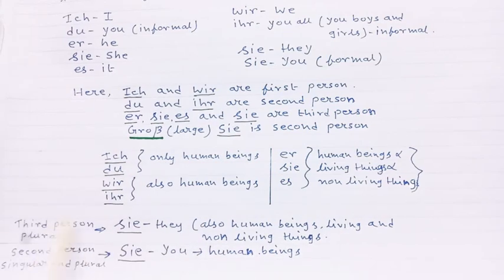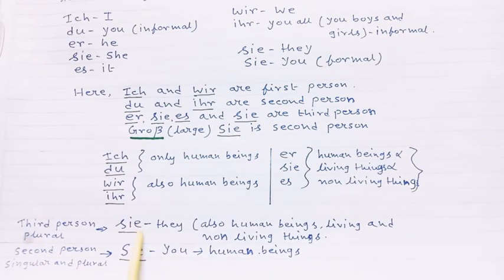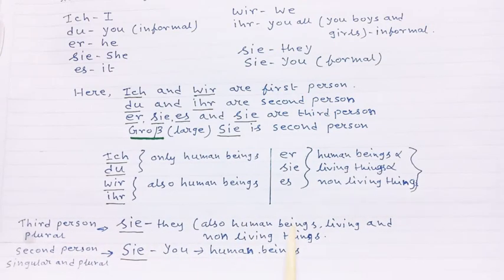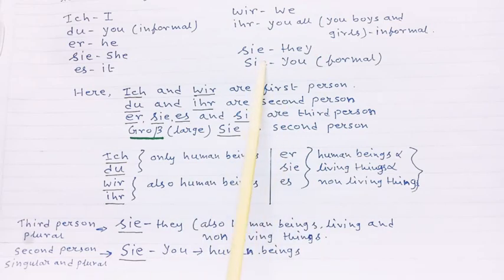Third person plural, sie, they, is also for human beings, living and non-living things. The second person, that is Groß-Sie or large Sie, singular and plural, both singular and plural, you, is for human beings.